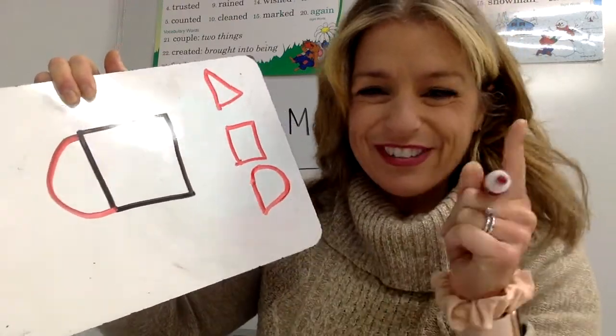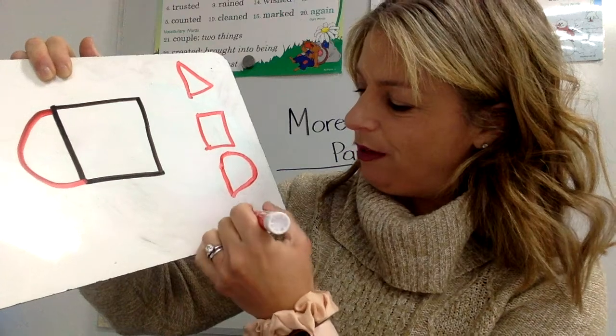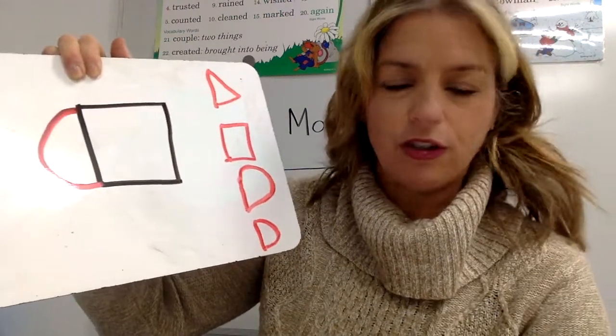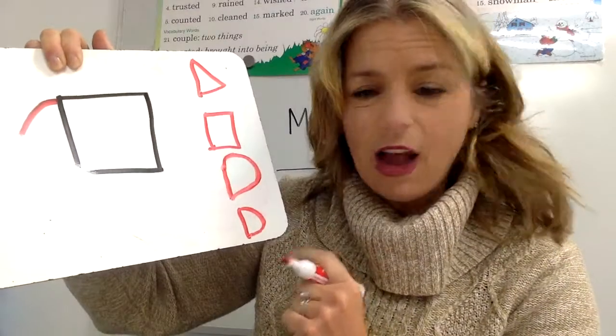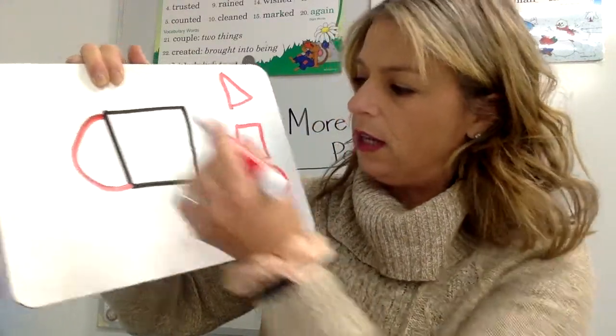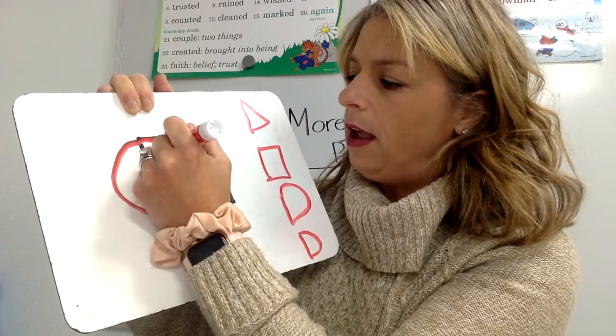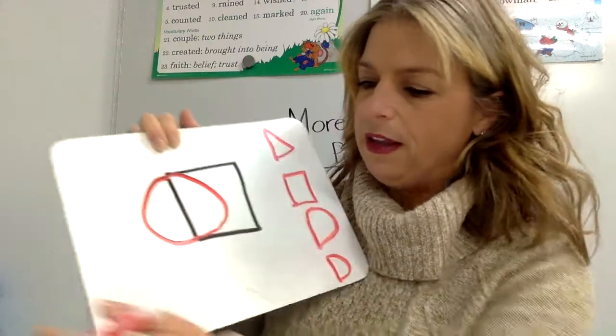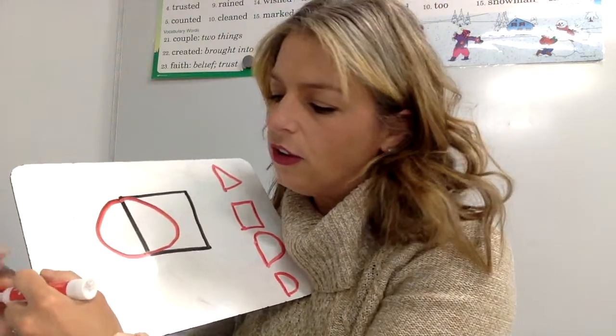No, I tricked you. So right here, here's the other half of our circle. So when we cut this out, we want this to go right here to make the other half. So we're going to cut this out and attach it right there. So there's a circle.